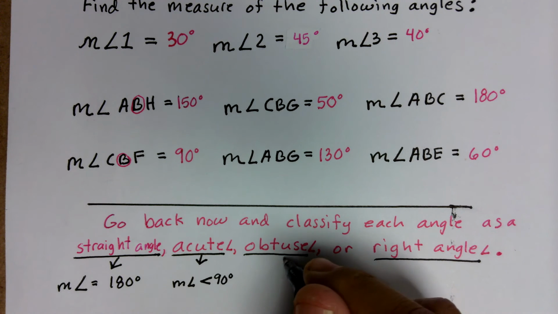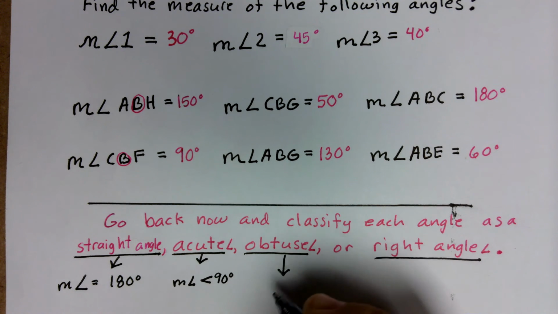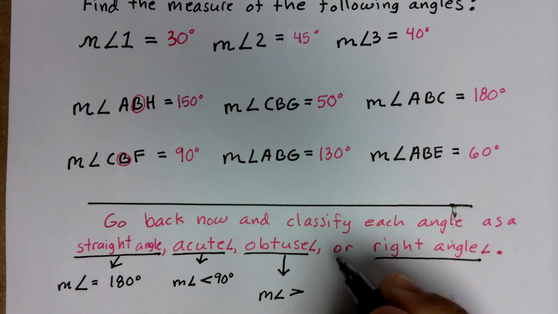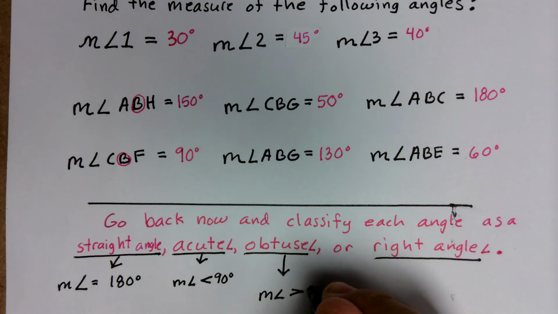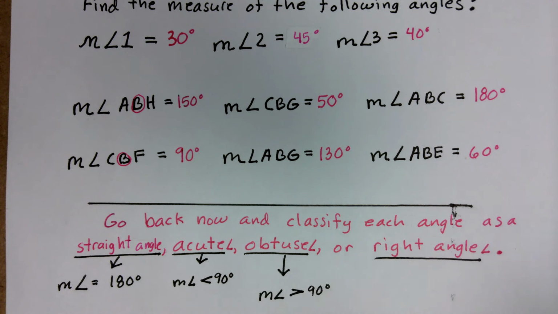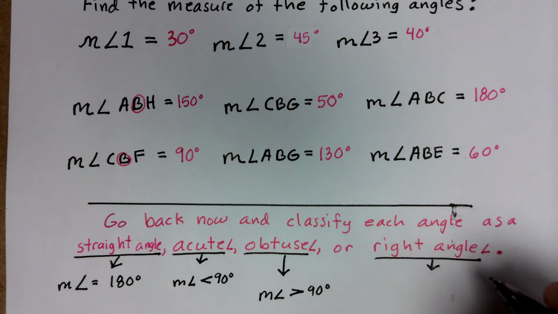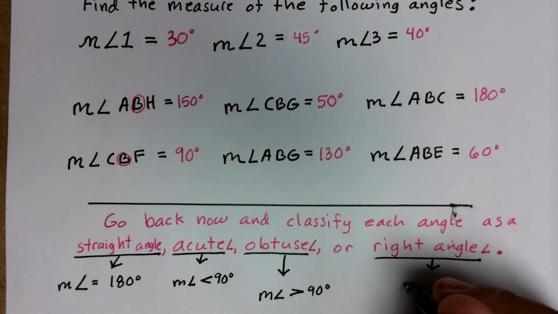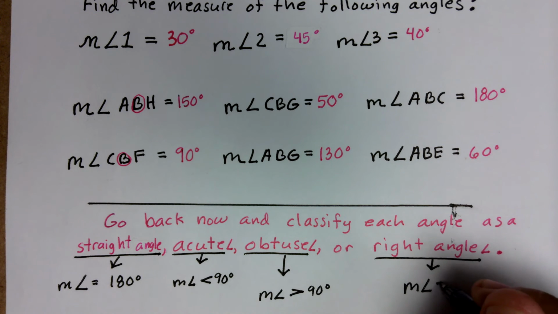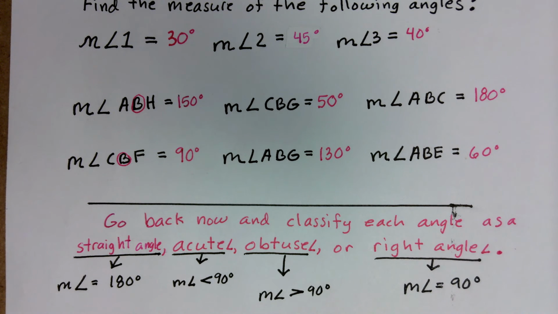On the other hand, for an obtuse angle, the measure of those angles must be greater than 90 degrees. And then in some situations we have a right angle, which means the measure of the angle has to be equal to 90 degrees. So this is just going to be your criteria.